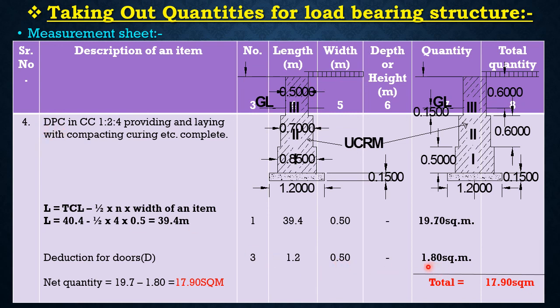Then quantity is 1.80 square meter. Net quantity of DPC is total quantity of DPC minus deduction for door. 19.7 minus 1.80 is equal to 17.90 square meter. So the quantity of DPC is 17.90 square meter.